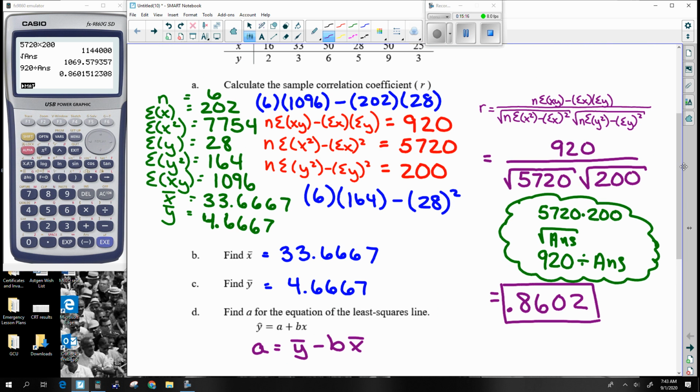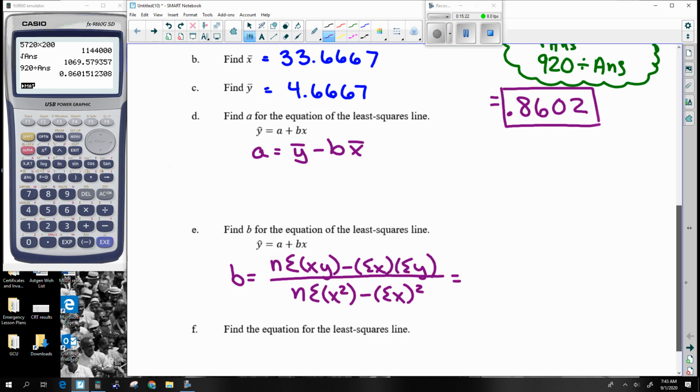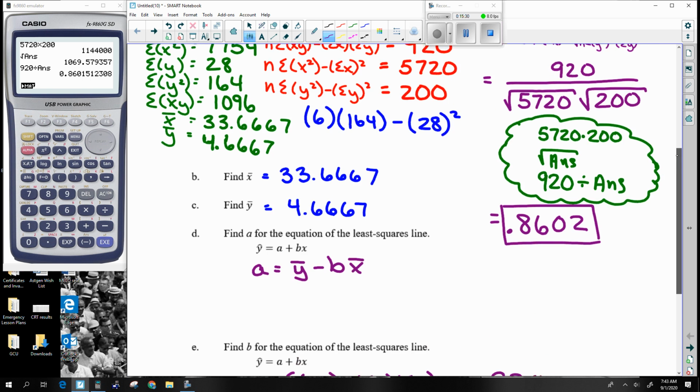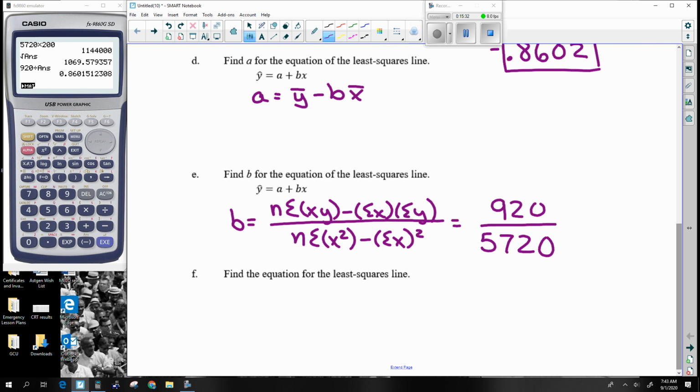That's that middle mini formula. So as I said, I already have these answers: 920 and 5,720. So I really don't have to do hardly any math. All I have to do is a simple division. It looks scary, but it's really pretty easy.